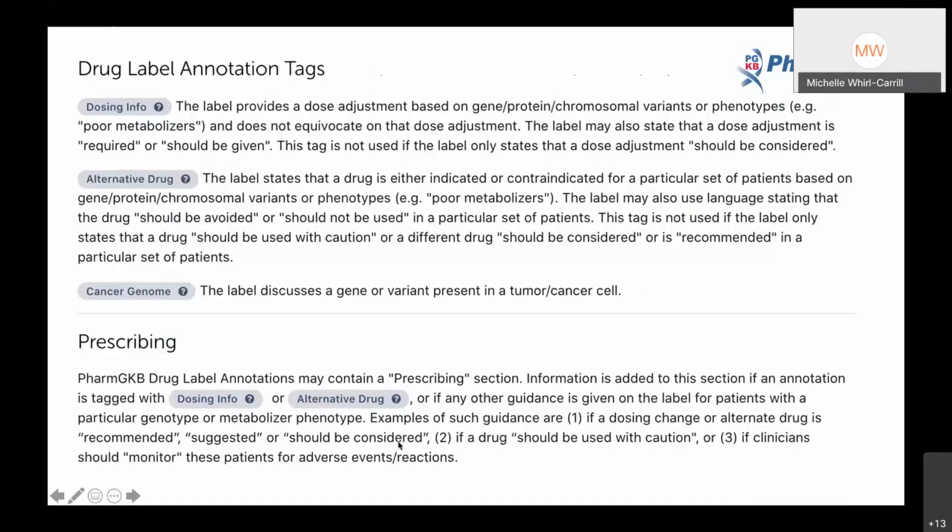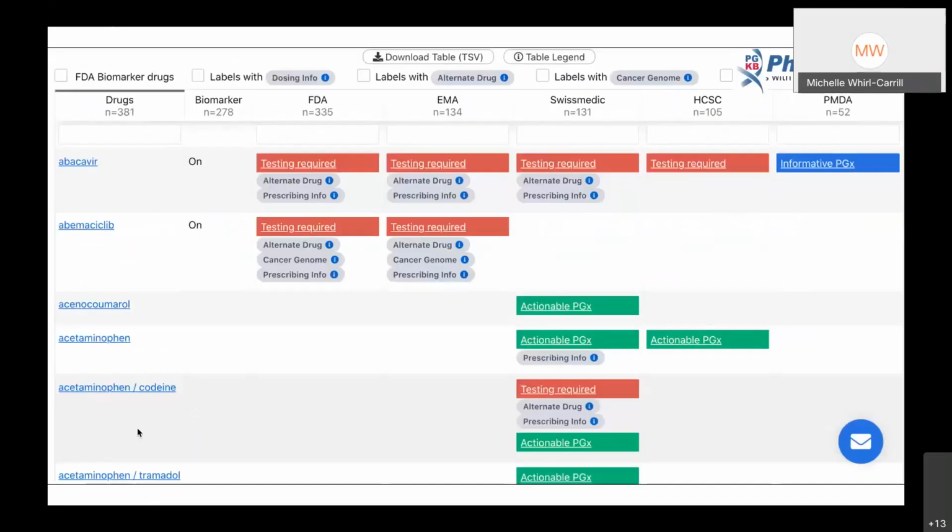And then in some cases, they don't say change the drug or the dose per se, but they do say monitor these people more closely, or consider changing something. So we have a bunch of tags on PharmGKB that we defined, and that we add to these labels to try to give our users an idea of, okay, there's hundreds of labels on that biomarker list. What actually is going on with each label?